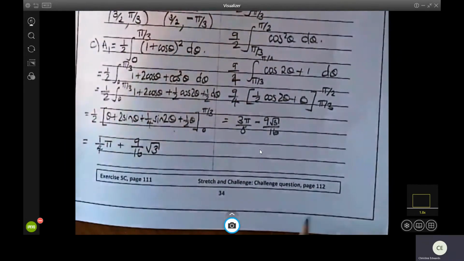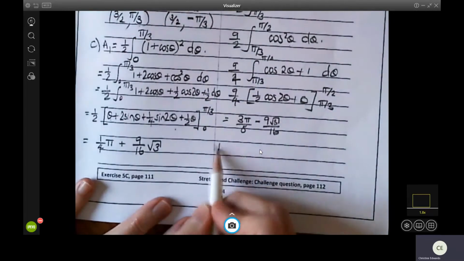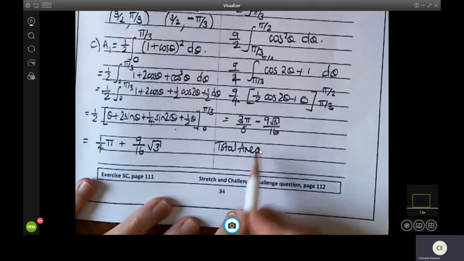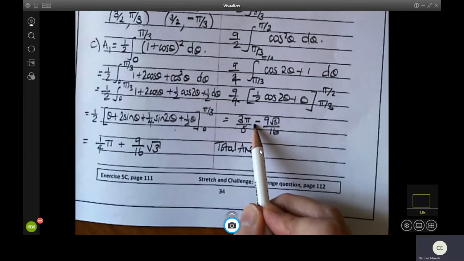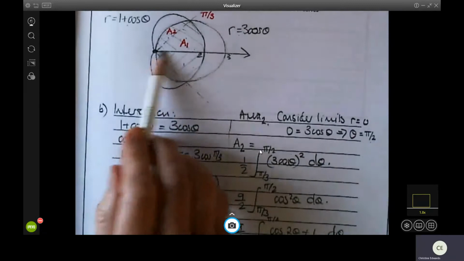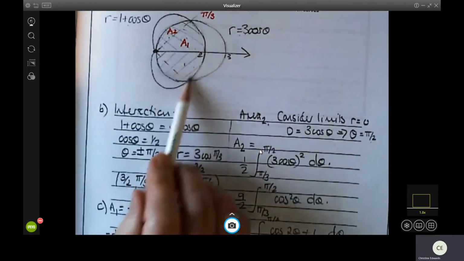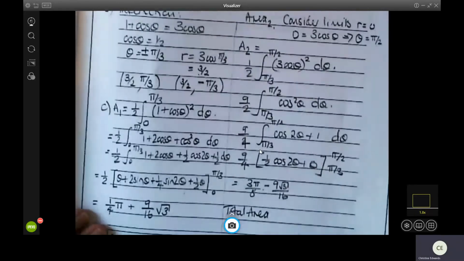So I now have area 1 and area 2. So my total area is going to be these two added together and then multiplied by 2, so that I find this area here and then I double it to find this area here as well.